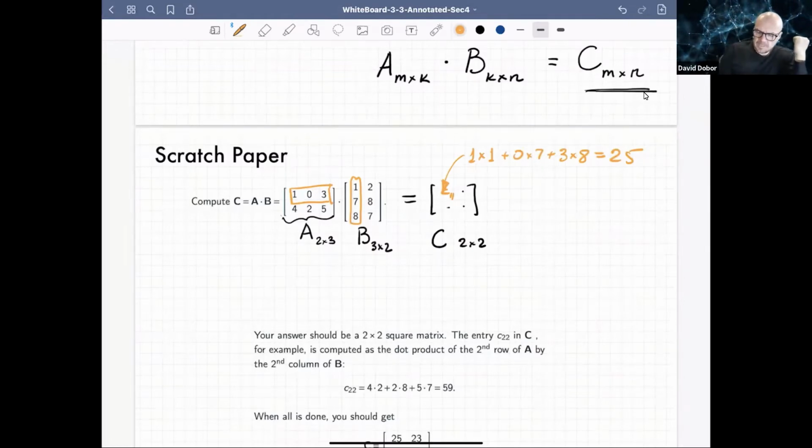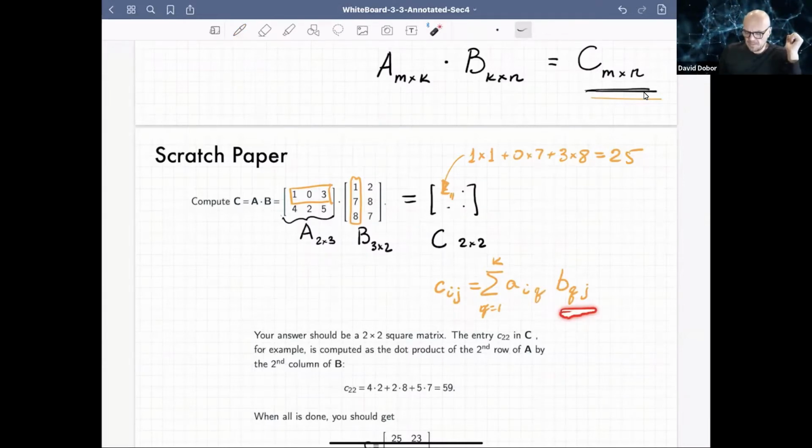Okay, so just to give a general expression for computing the ijth entry in this matrix C, you simply take all of the entries in the ith row of A, and multiply each of those entries by the corresponding entries in the jth column of B. Q is just an index that runs from 1 up to K. And again, K is the number of columns in A. Now, what we'd like to do is implement matrix multiplication.